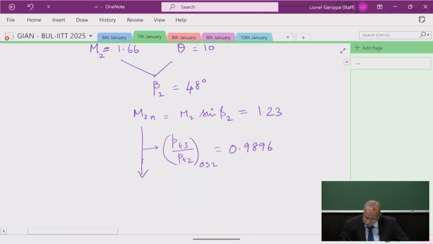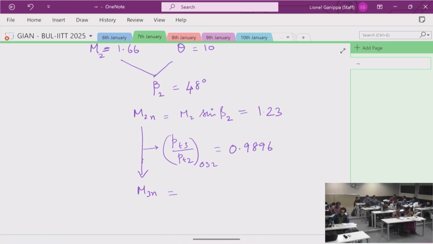Once you have got that value, from M2N you can find what is M3N. What is M3N? How much? 0.8241.